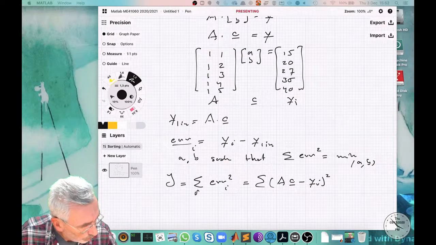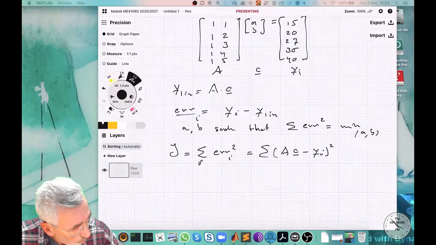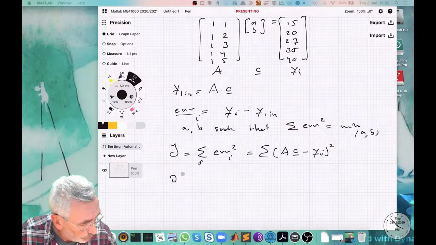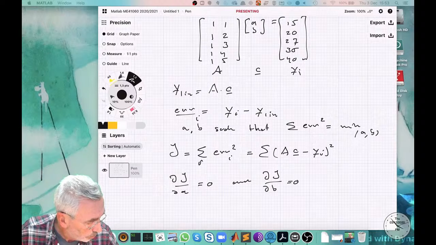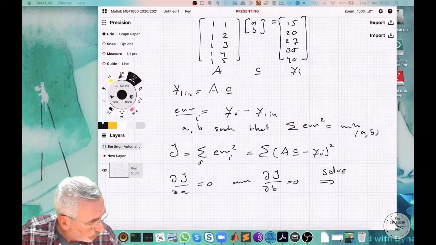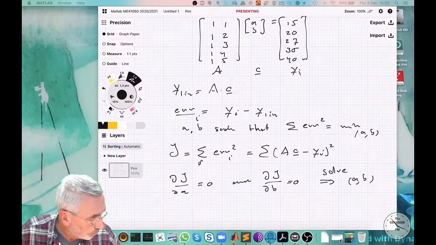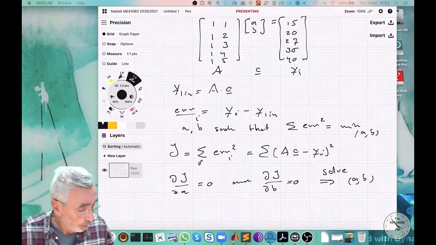Then we minimize that with respect to A and B. So dJ/dA must be 0, and dJ/dB must be 0. And from those two equations we can then solve what A and B are. So that is our strategy for the least squares solution.